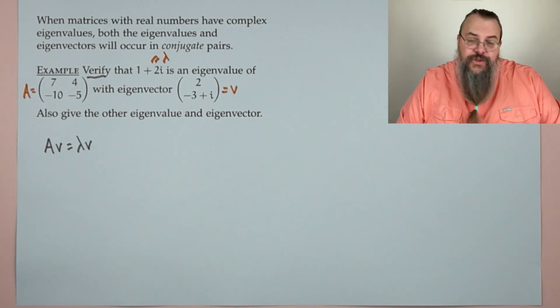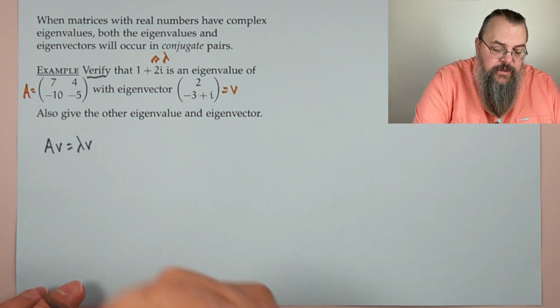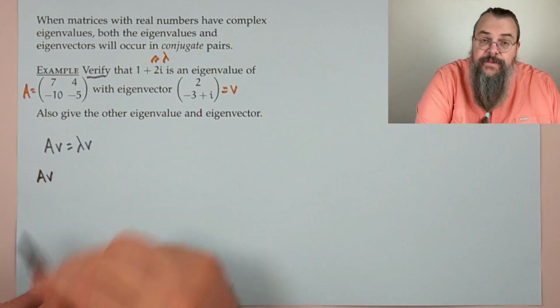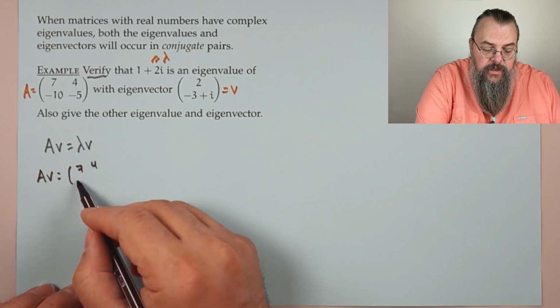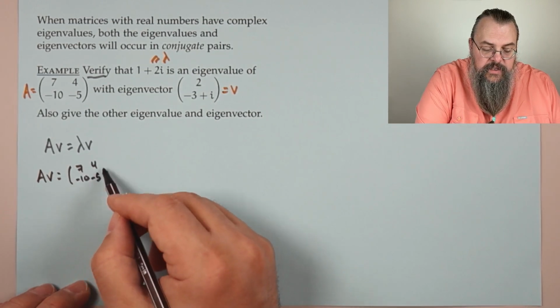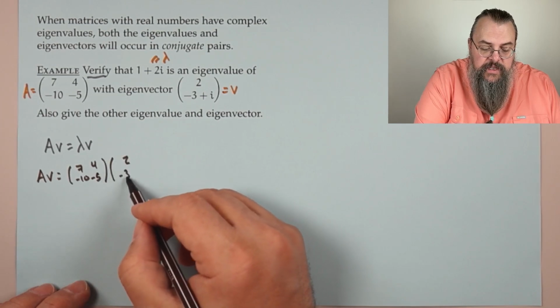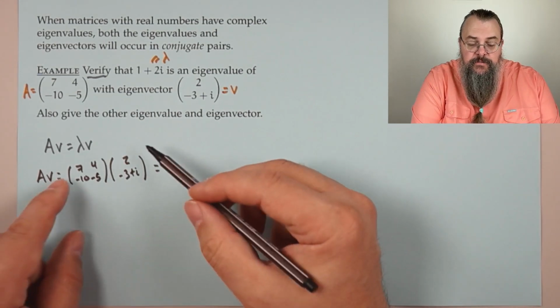We have two sides to work out. All right, so here we go. A times v. We'll start with the left-hand side. That's [7, 4; -10, -5], and we're going to multiply this by (2, -3 + i). All right, so matrix multiplication.